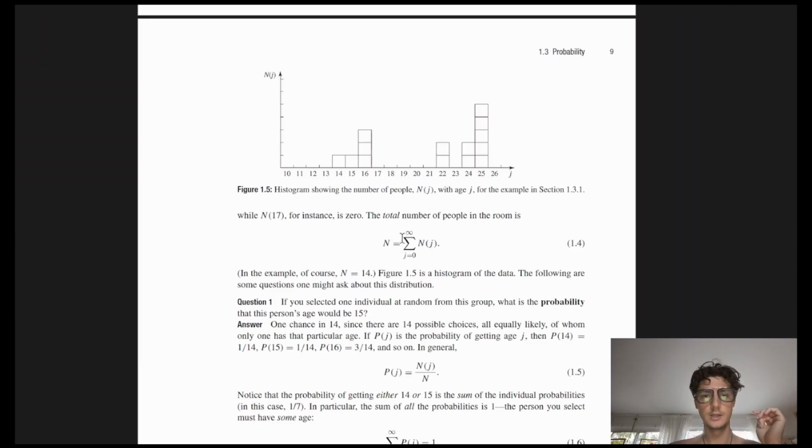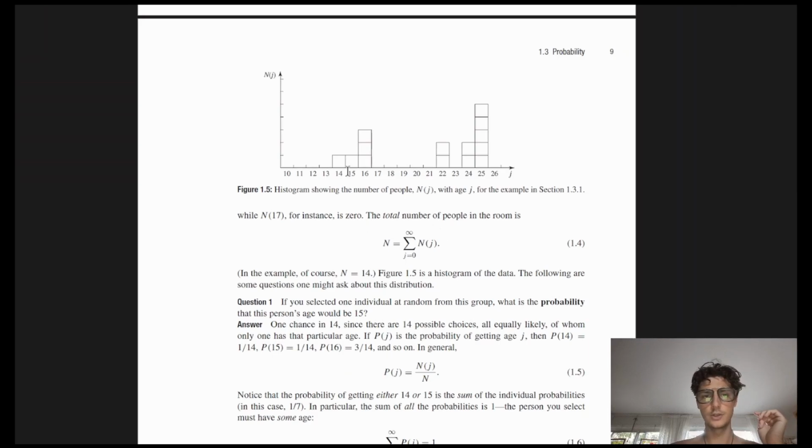equal to the summation starting at j equals 0 going up to infinity of N as a function of j. So we start at j equals 0, check what N is, then j equals 1, check what N is, add those two numbers together, and so on and so forth.